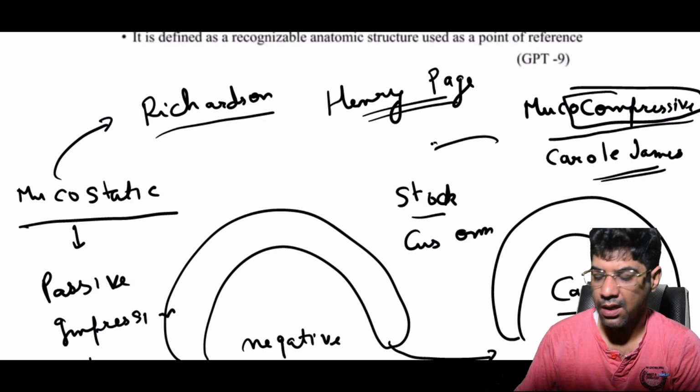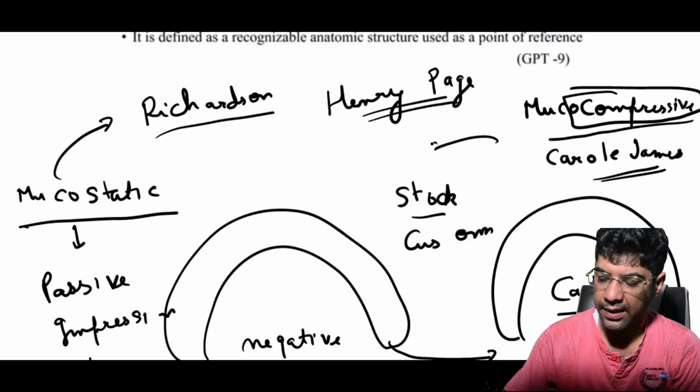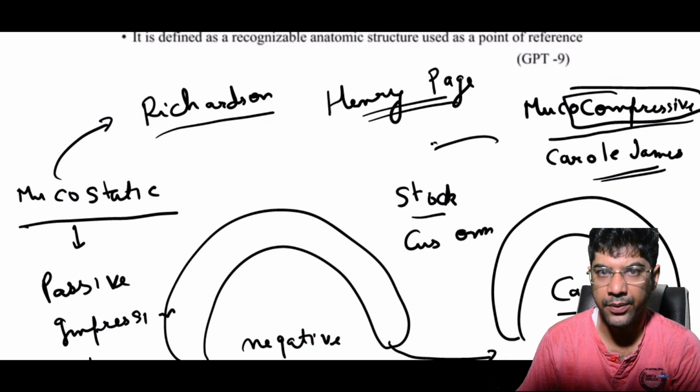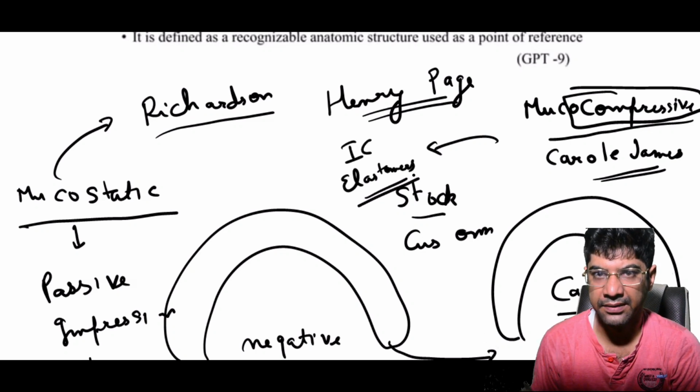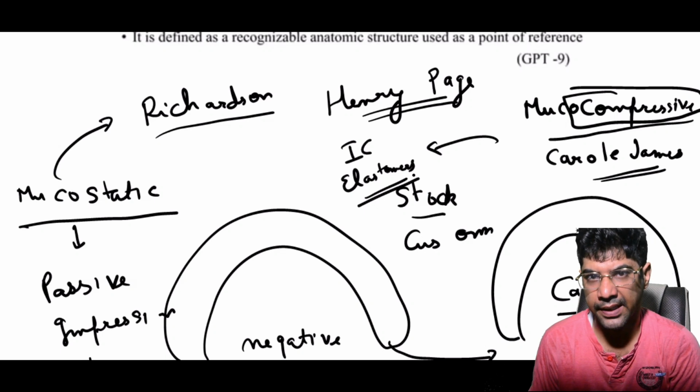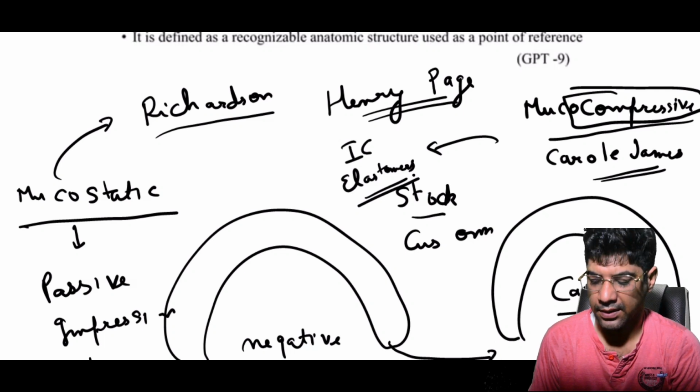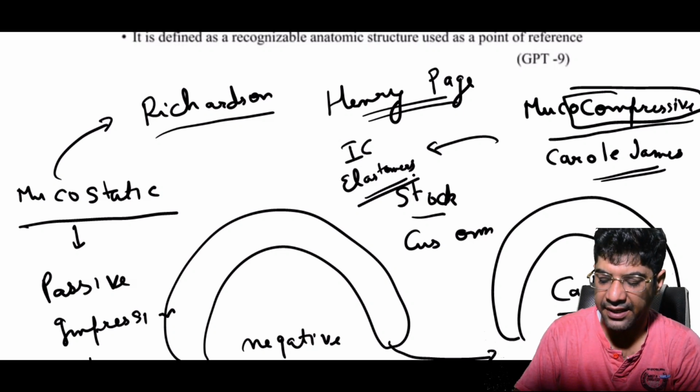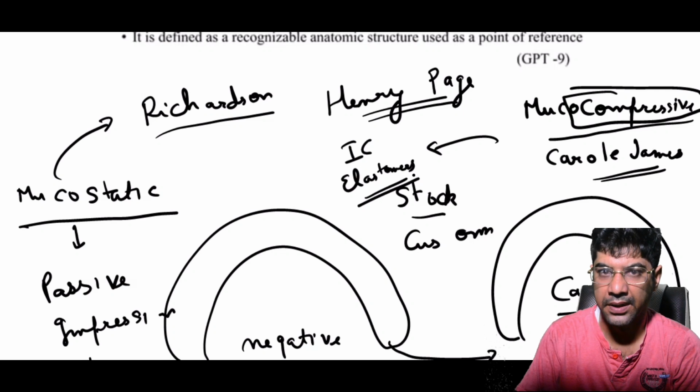So the mucocompressive theory uses materials like impression compound and heavy body elastomers. So it has an enhanced stability due to the tissue compression, and the disadvantage is the potential for tissue rebound.